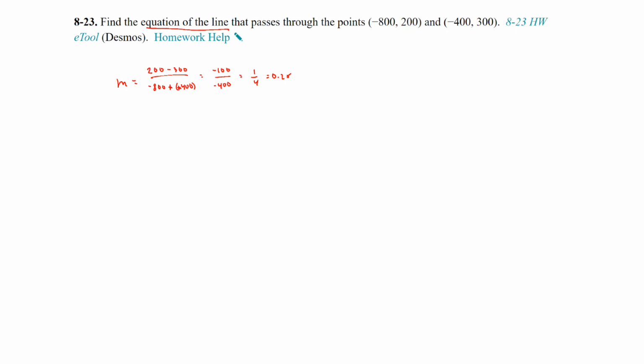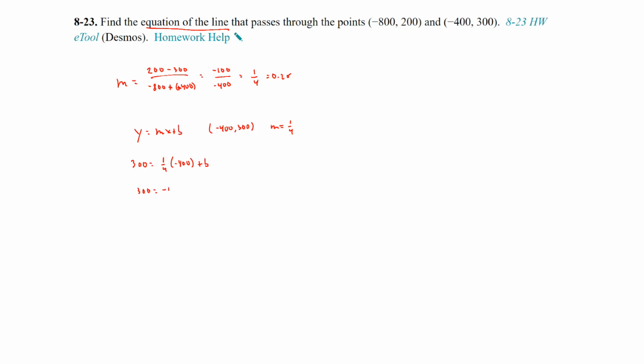To find the y value, we can plug in the information we know. I'm going to use the point negative 400, 300, and plug in the information with my slope of 1/4. So it would be 300 equals 1/4 times negative 400 plus b, which we don't know what that is yet.